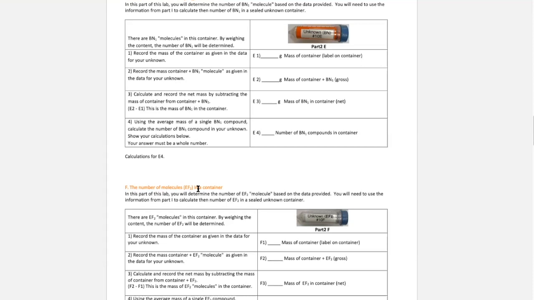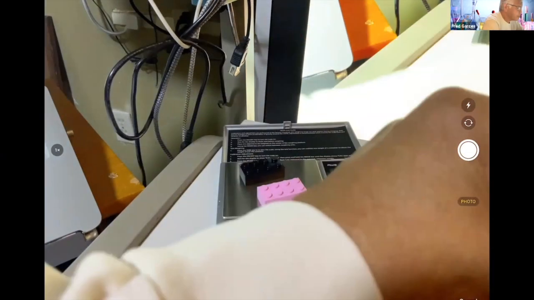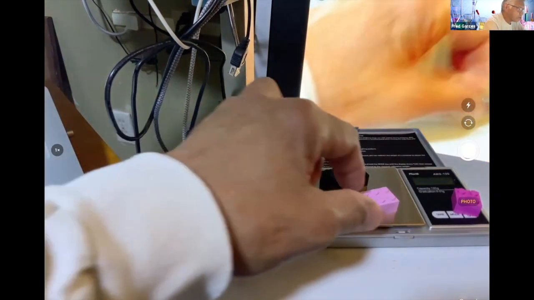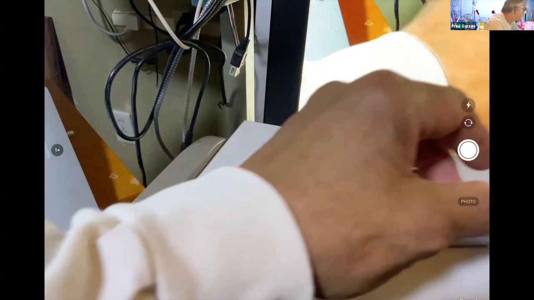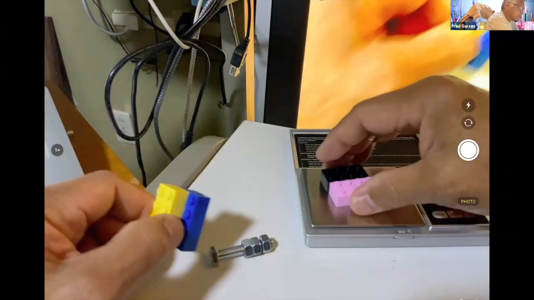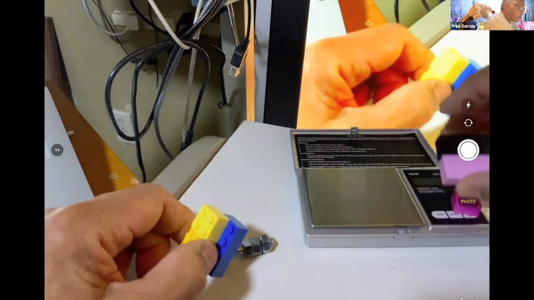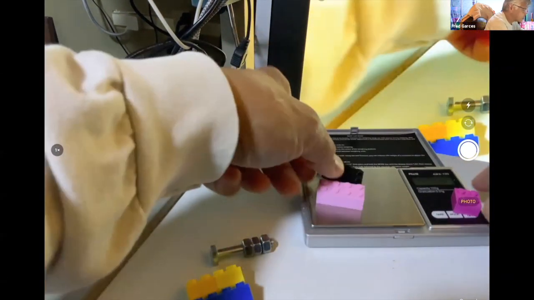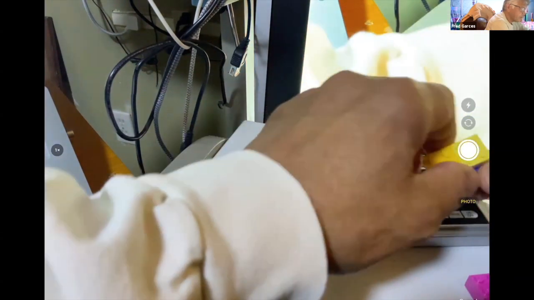So if you have a Lego, and you all have Legos in your kit, let me just show you that real quick. These are the hardware that you will need. These are the Lego bricks, and you should have a packet that has 2 of these, and 2 of these right here.